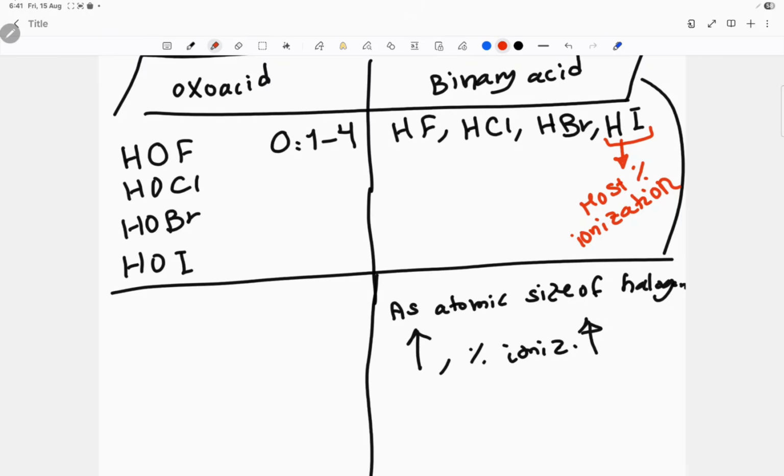But in the case of the oxoacids, it is the opposite trend. We call it the electronegativity trend. Of the 4 halogens that you see right here, which one has the most electronegativity?